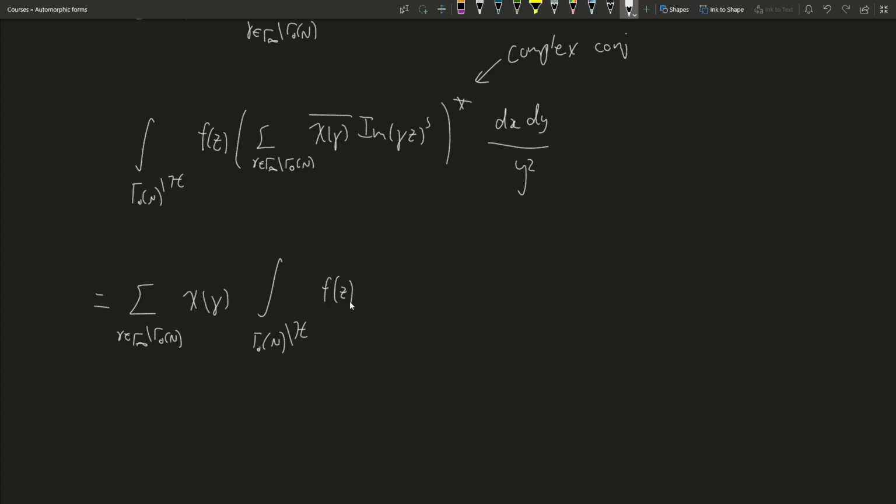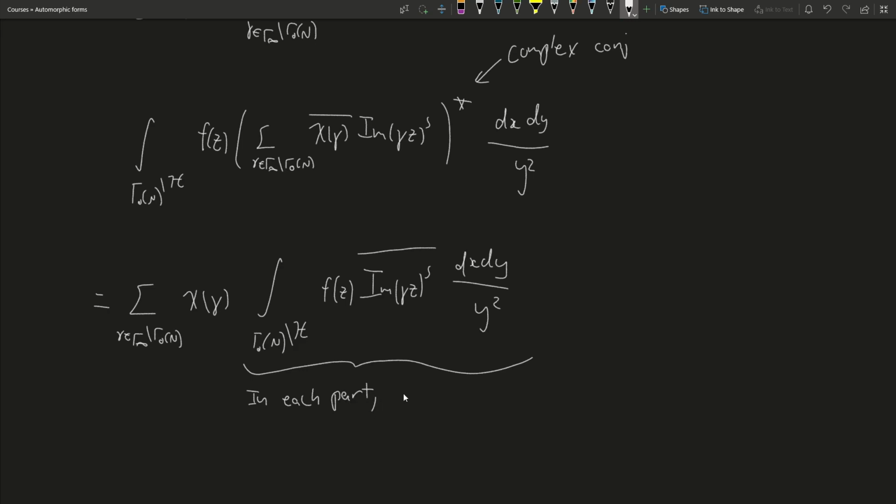We have an f(z), and then the imaginary part of γz to the s with a complex conjugate, dx dy over y squared. And now in each part, make the change of variables. The change of variables is going to be z maps to γ inverse z. So this is a different change of variables for each term in the sum.